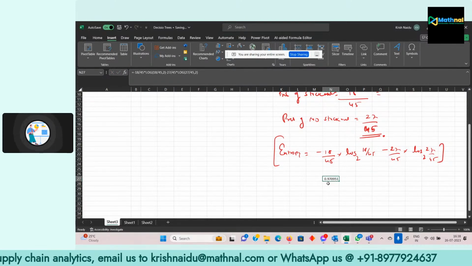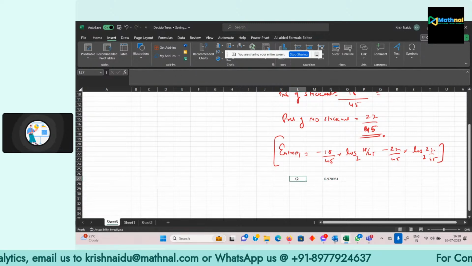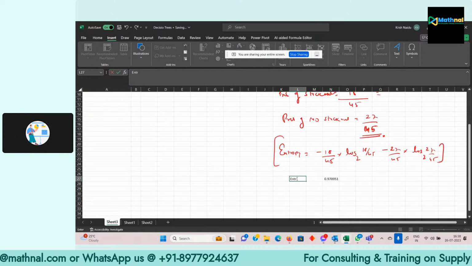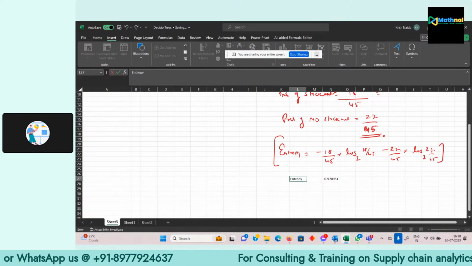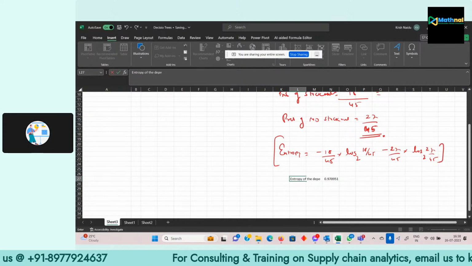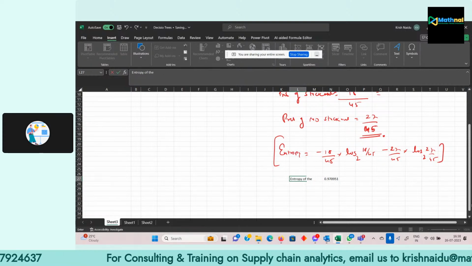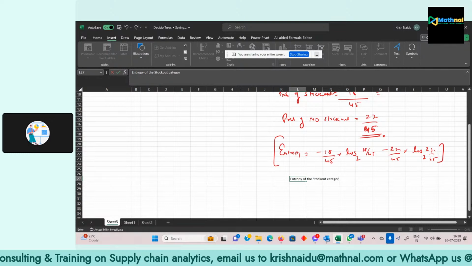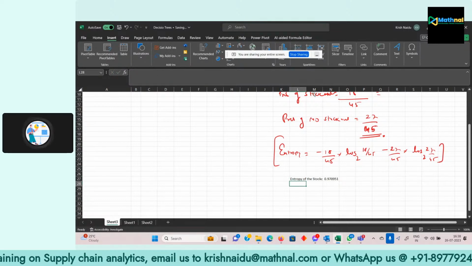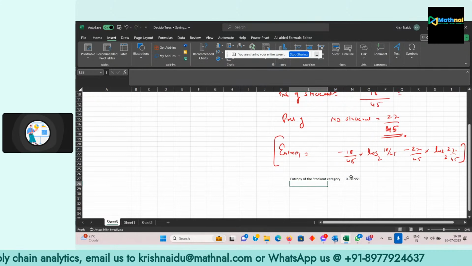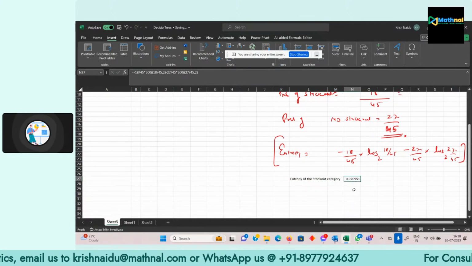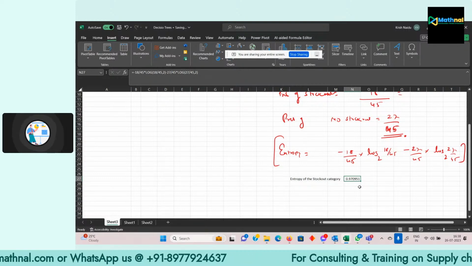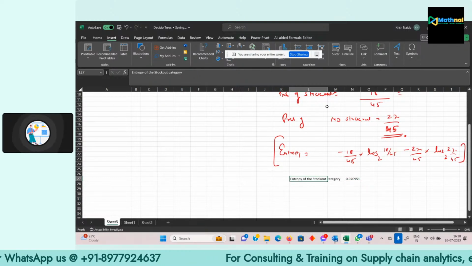So currently the entropy of the dependent variable, the stockout category, is equal to 0.97095. So we can say 0.97 or 0.971.